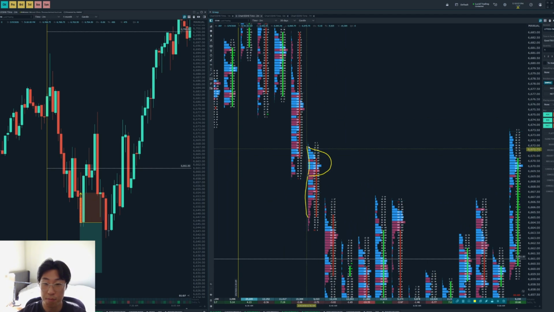If it is a B shape like this, then it shows that volume wants to move lower, right? So this is where the majority of the volume is taking place. And then we open, we have low volume, and then again we have majority of the volume taking place, and this shows that price is being accepted to the downside.